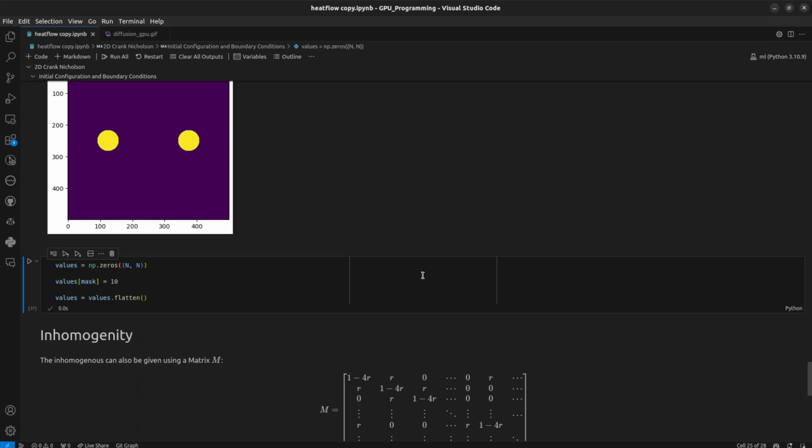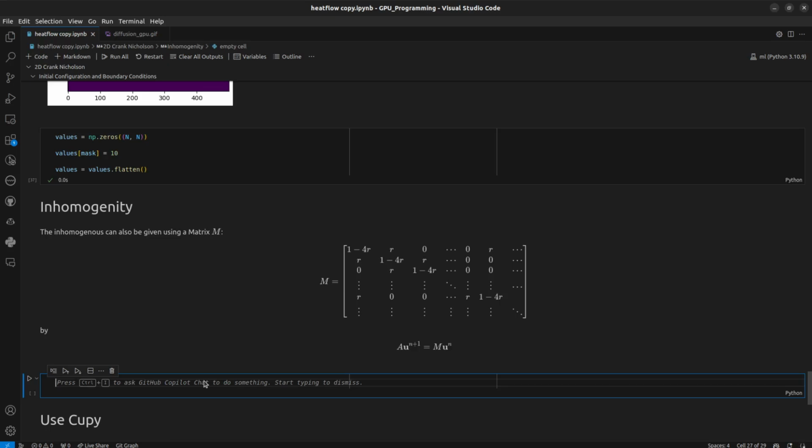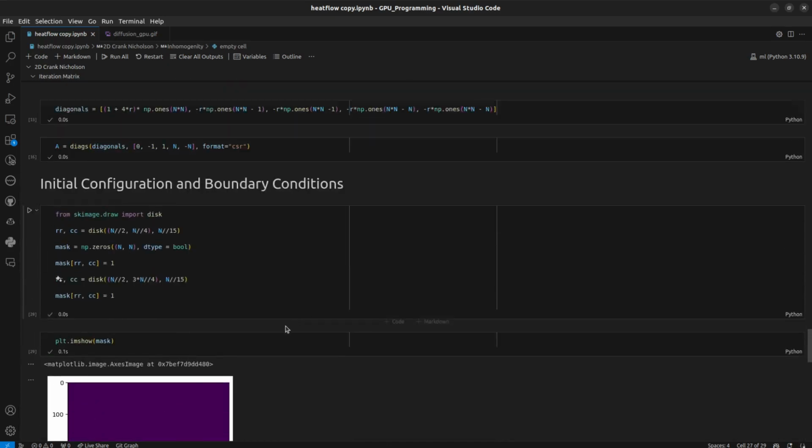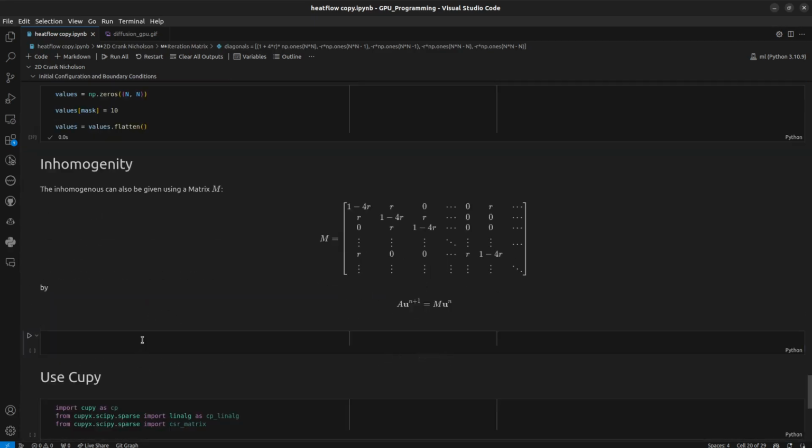So how we do that is, again, we can just copy the diagonals and make it here.